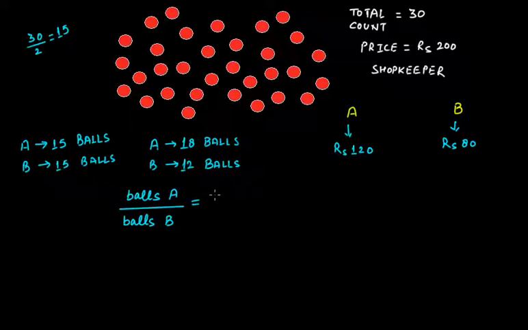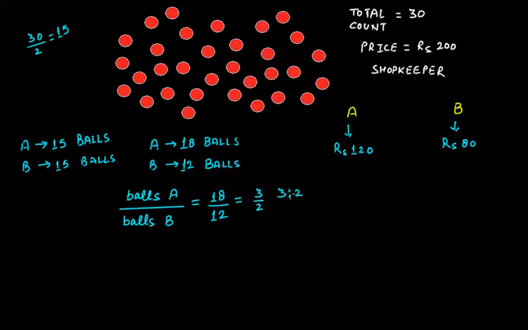That will be 18 to 12. If you simplify this, the highest common factor is 6, so this will be 3 to 2. That is 3:2.